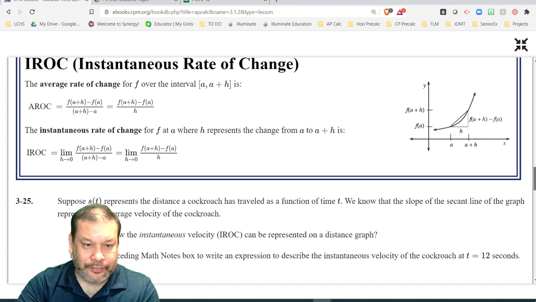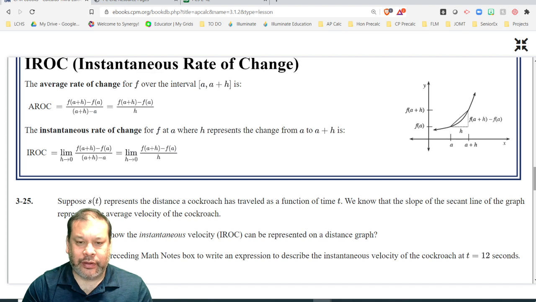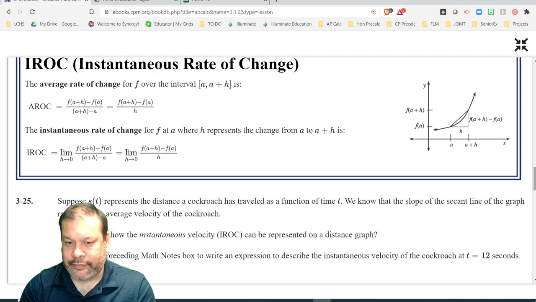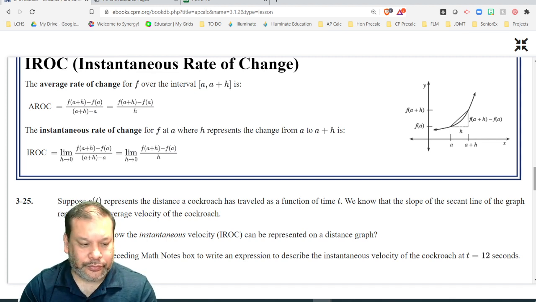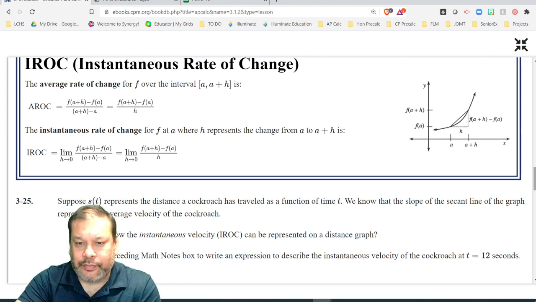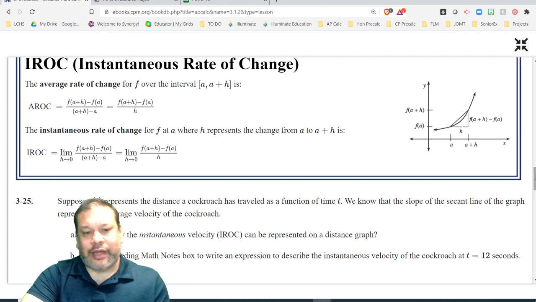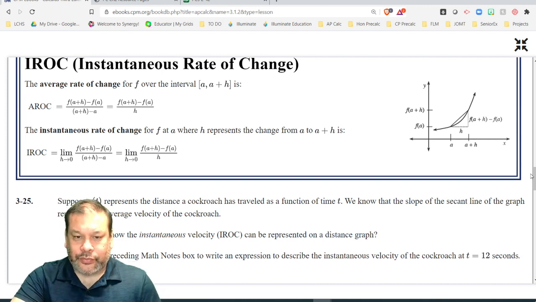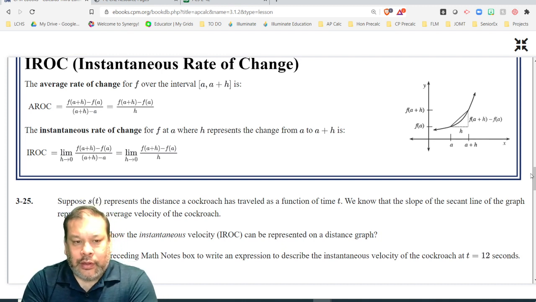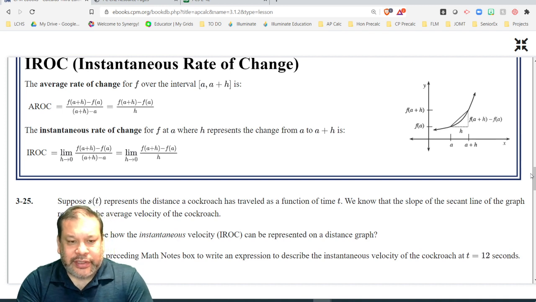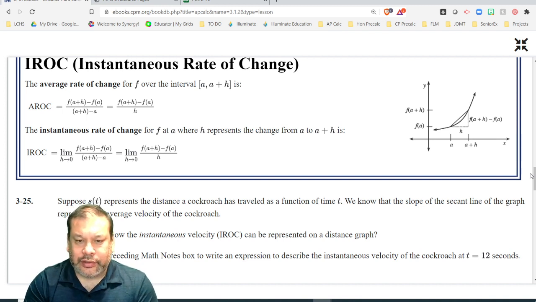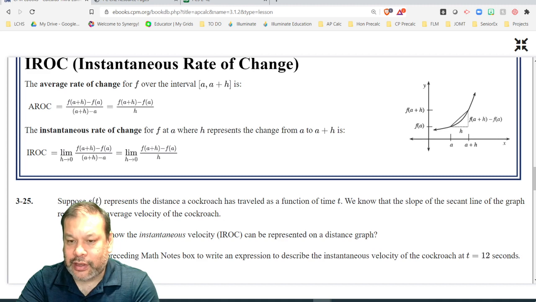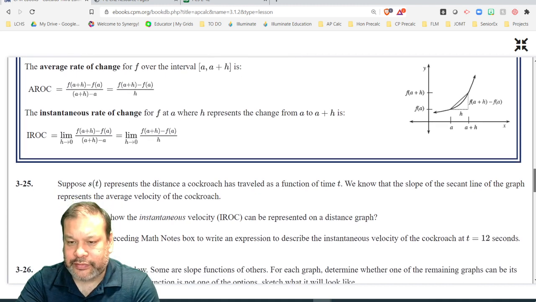Describe how the instantaneous velocity, IROC, can be represented on a distance graph. You take the slope of the tangent line, and that's how the instantaneous velocity is represented. And using the preceding math notes box, write an expression to describe the instantaneous velocity of the cockroach at t equals 12 seconds.